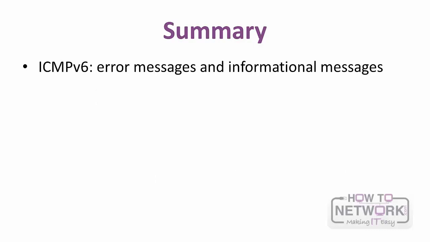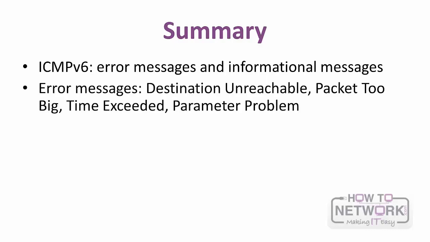This lesson examined ICMPv6. Two types of ICMPv6 messages were discussed: error messages and informational messages. The ICMPv6 error messages explored were destination unreachable, packet too big, time exceeded, and parameter problem.